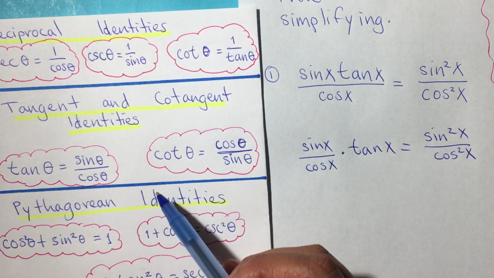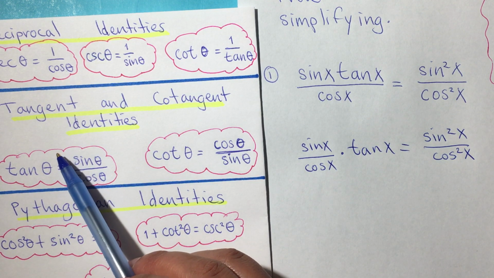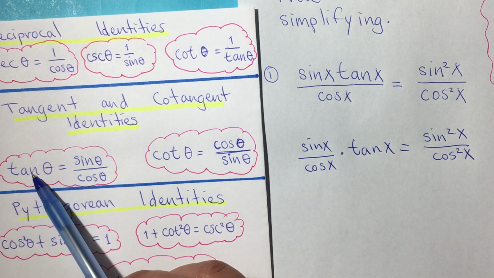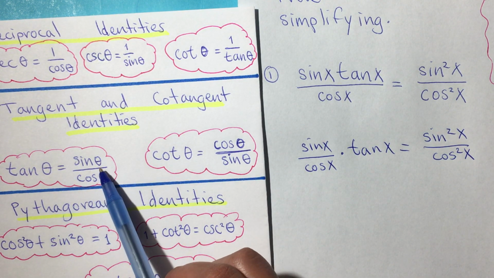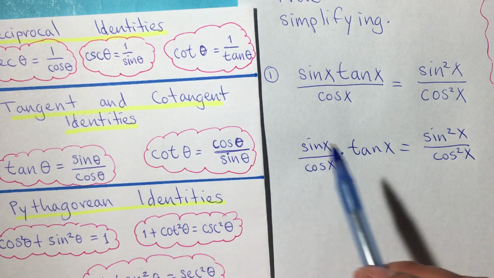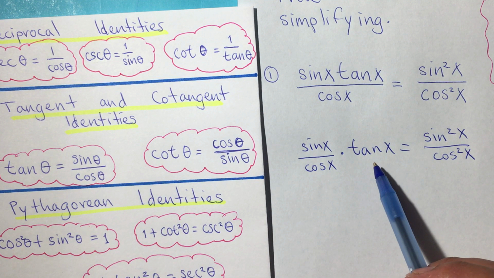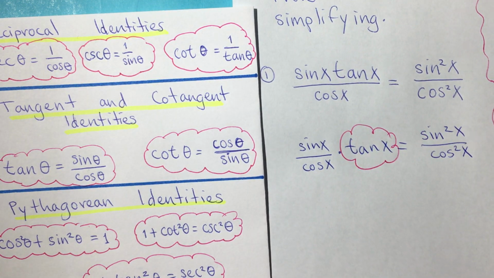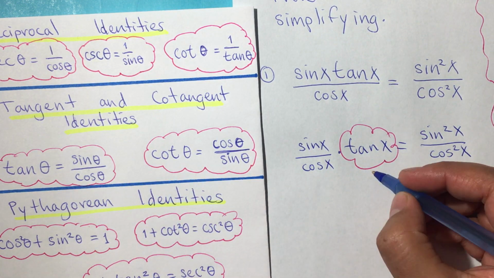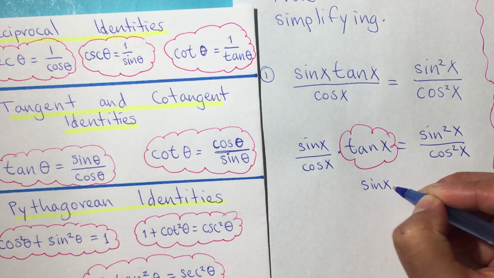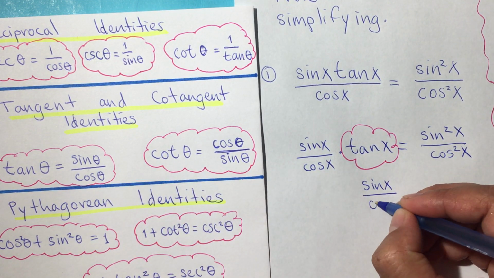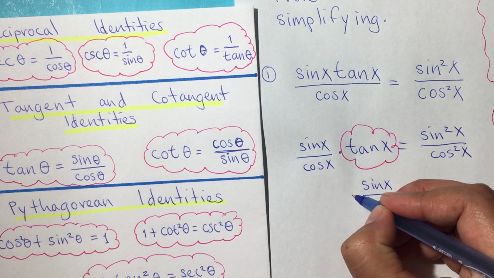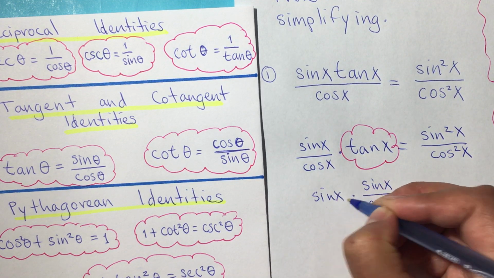To our handy dandy cheat sheet. From 10.14, we proved this one: tangent of theta equals sine of theta over cosine of theta. Remember that just because we're using x in here, we're going to substitute tangent of x with sine of x over cosine of x, and just bring everything else down.